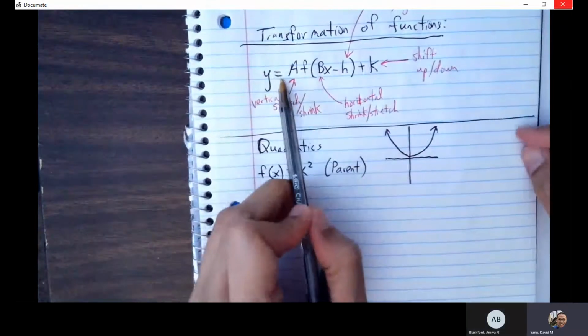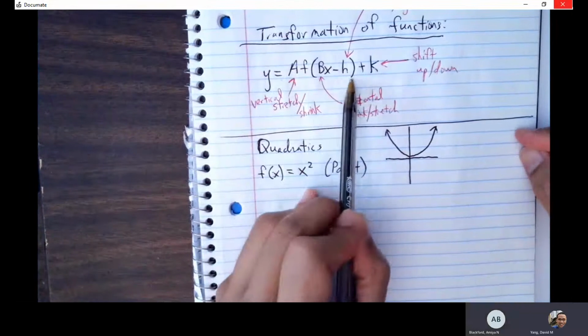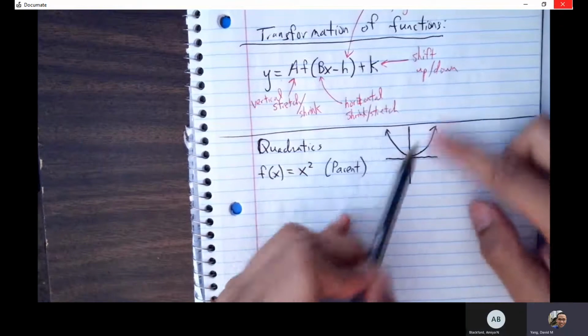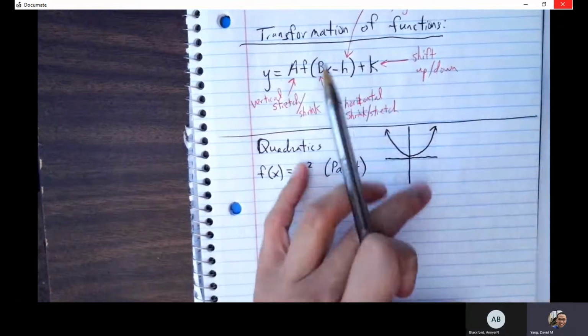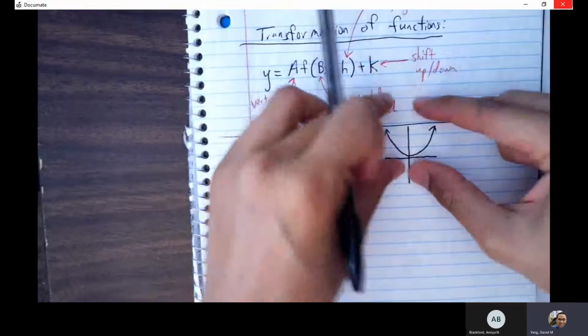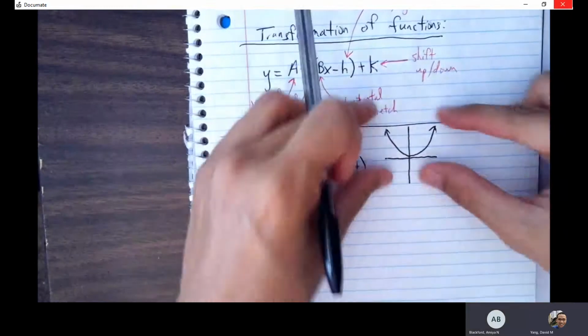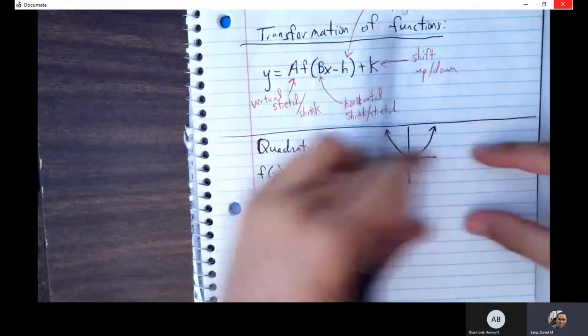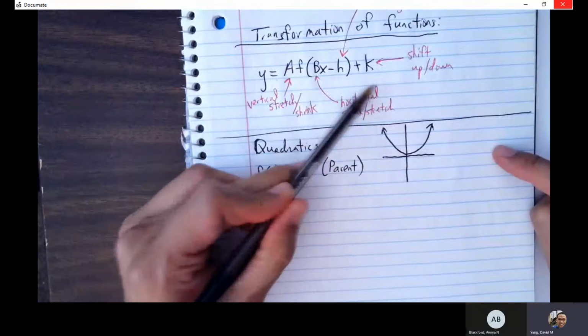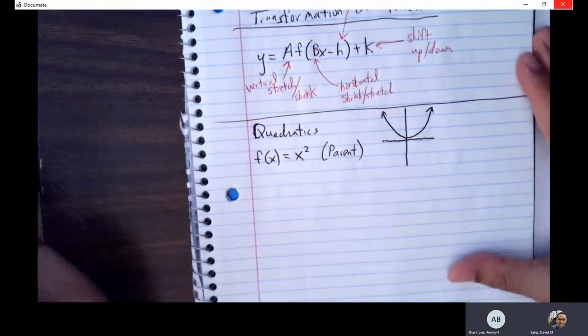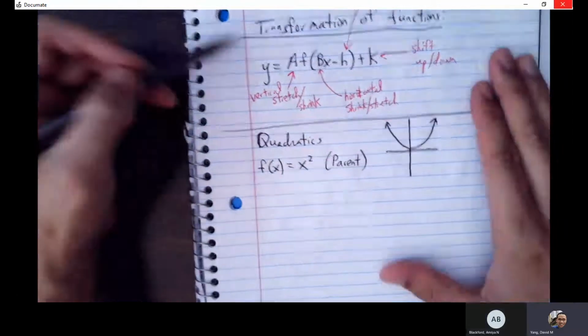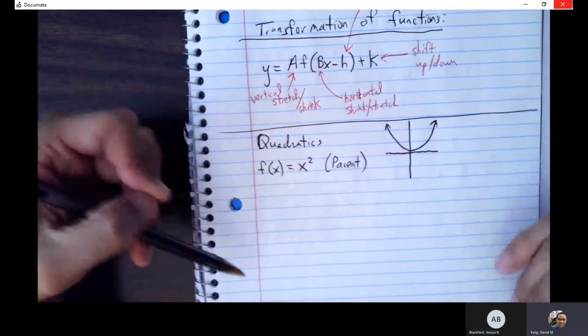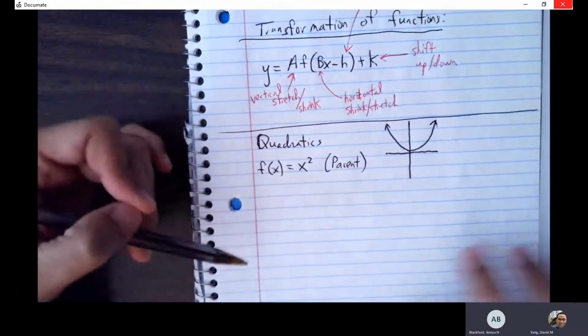And then if we change the A, the B, the H, or add the K, it's going to take this shape and do all sorts of things with it. It's either going to be stretching it, widening it, moving it up or down, depending on which part you change. So I'll do one or two, but then you're going to have to do the rest.